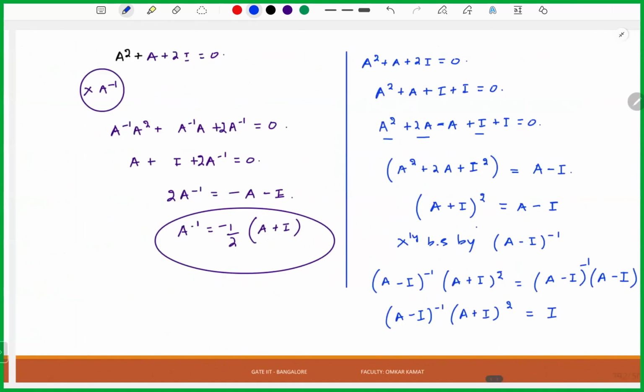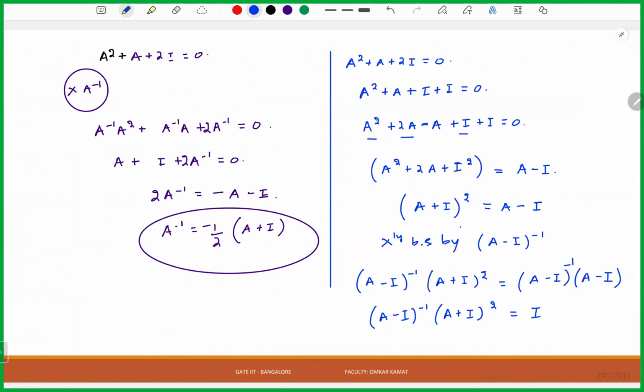Now why it is like this? See here, guys. We have got already this, (A minus I) whole inverse. Or else this step only see, (A plus I) whole square is equal to A minus I we are getting over here. Now if I multiply both the sides by the inverse, or else let us consider here only. Here only if I take the determinant value on both the sides, determinant of (A plus I) whole square is equal to determinant of A minus I. Correct?